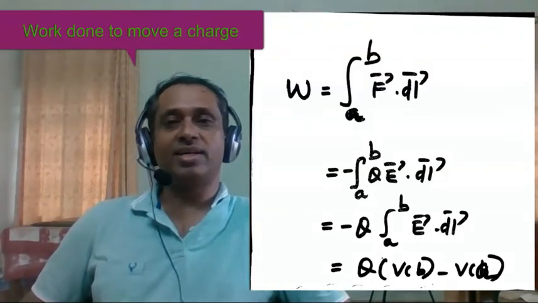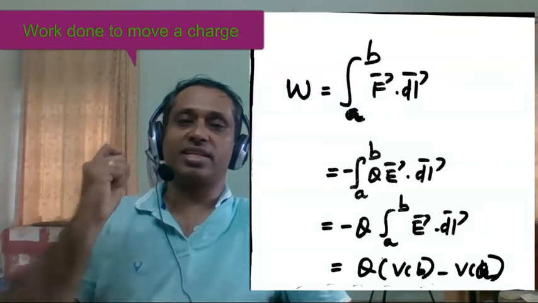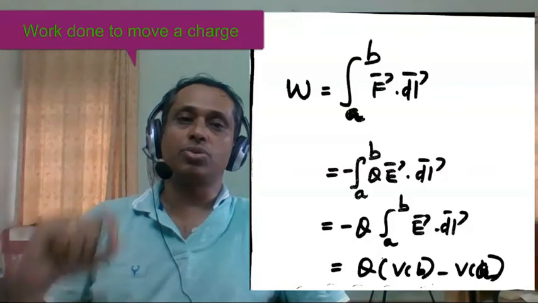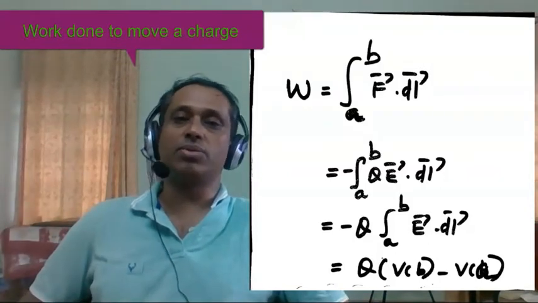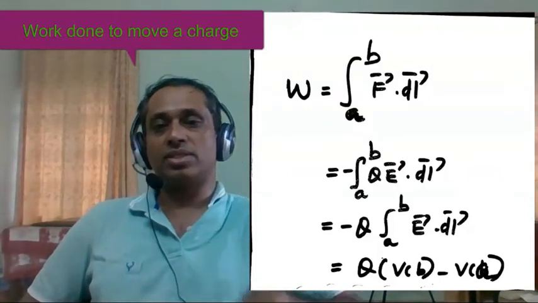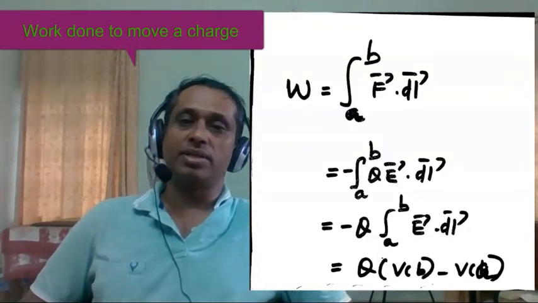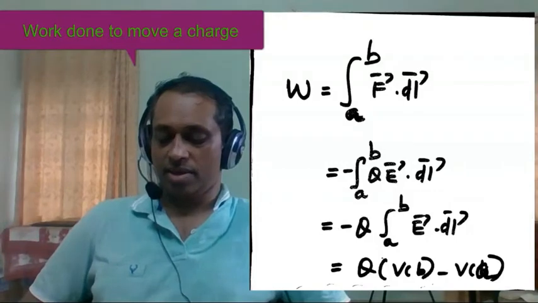So the work done in moving a test charge, capital Q, from A to B, is equal to Q, the test charge, times the potential difference between the 2 points.